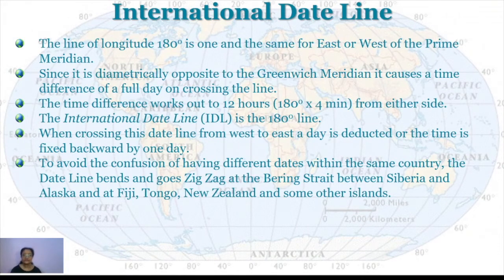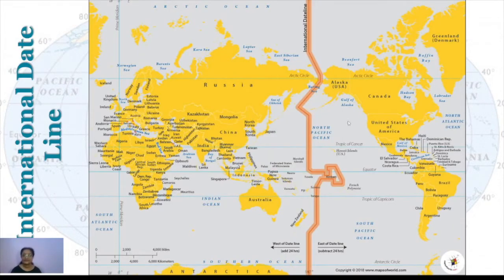The purpose is that if it is crossing only water bodies or oceans, it will not have this confusion of having two dates on the same landmass. Now you can see here, this is the international date line. It is a straight line first, and in the Bering Strait you can see it has moved to one side.